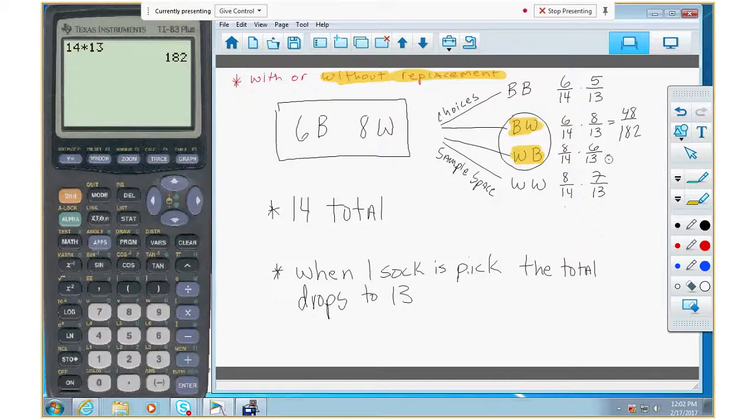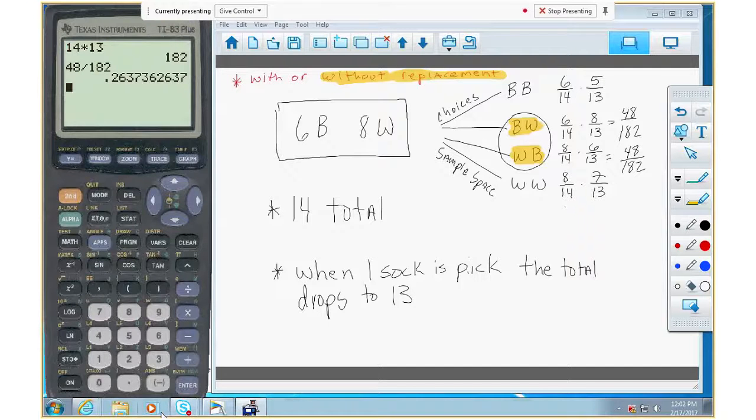And of course, this one would be 48 over 182. So your probability is 48 over 182, which is 48 divided by 182, and that comes out to be 0.26 probability, or a 26% chance.